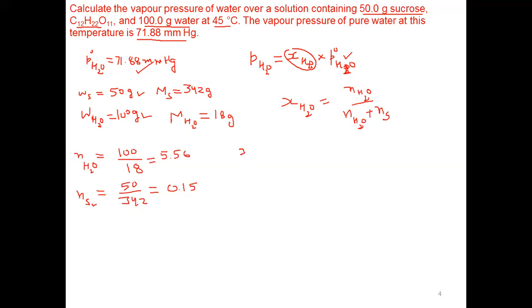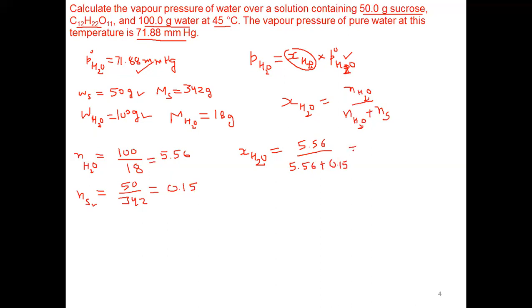Now let us calculate the mole fraction of water. So X water is equal to number of moles of water, 5.56, divided by 5.56 plus number of moles of sucrose, 0.15.